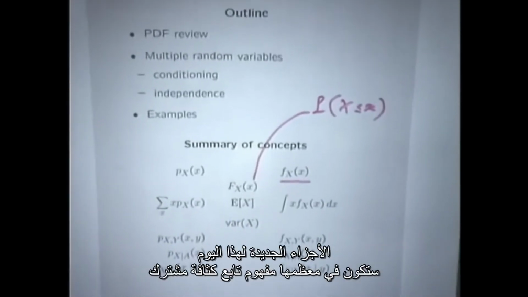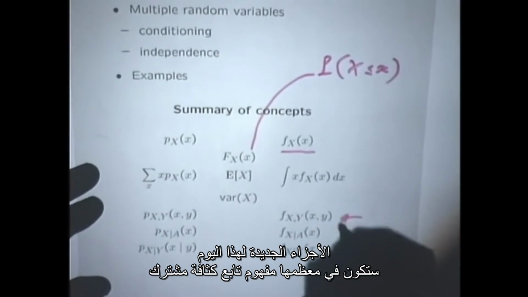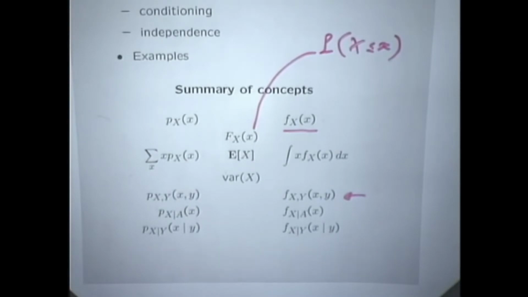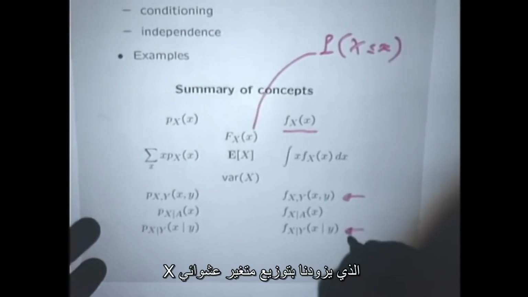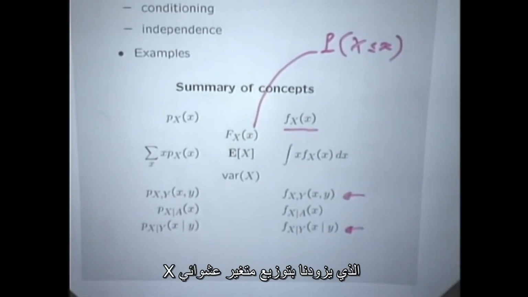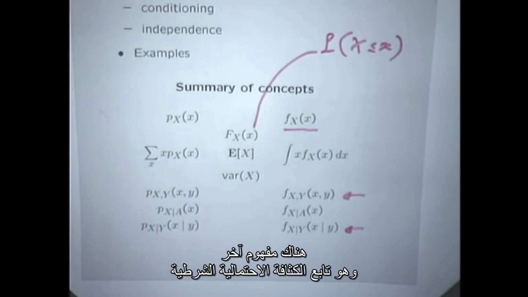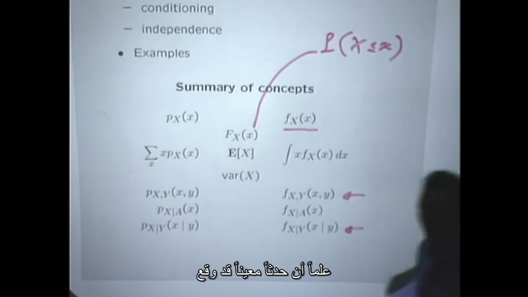Then the new pieces for today are going to be mostly the notion of a joint density function, which is how we describe the probability distribution of two random variables that are somehow related in general, and then the notion of a conditional density function that tells us the distribution of one random variable x when you're told the value of another random variable y. There's another concept, which is the conditional PDF given that a certain event has happened.